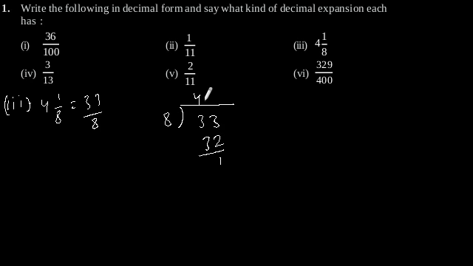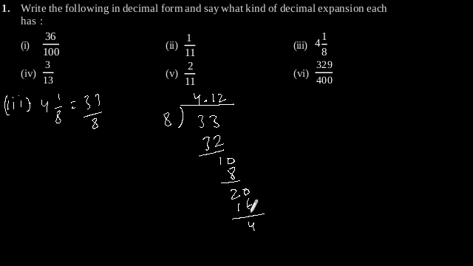Since 1 is smaller than 8, we'll put point and 0 here. 8 ones are 8. It is smaller than 8, 0. 8 into 2 is 16. Remainder 4.